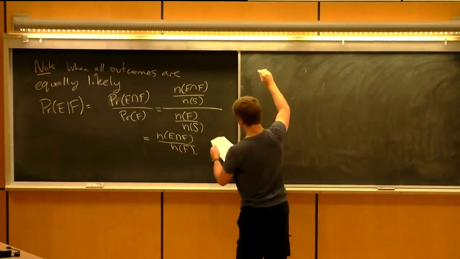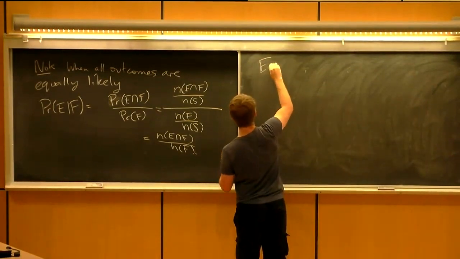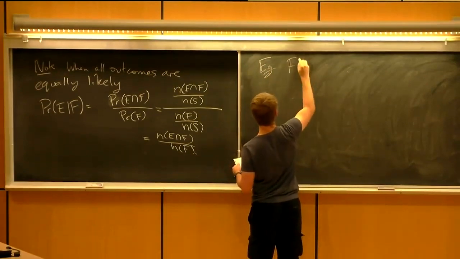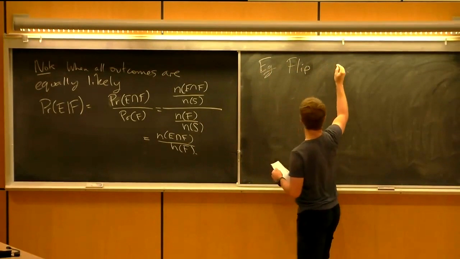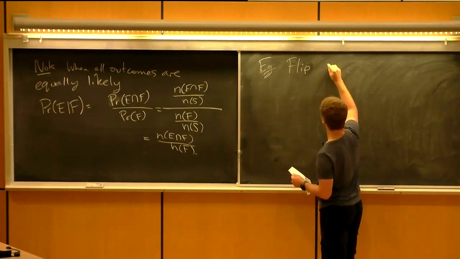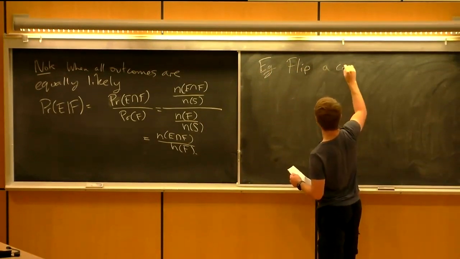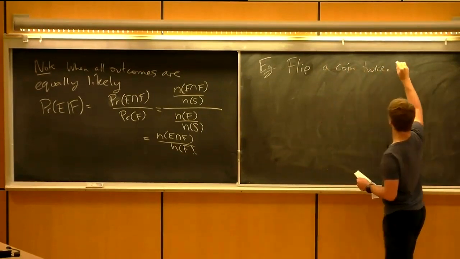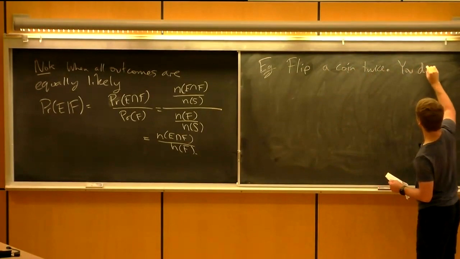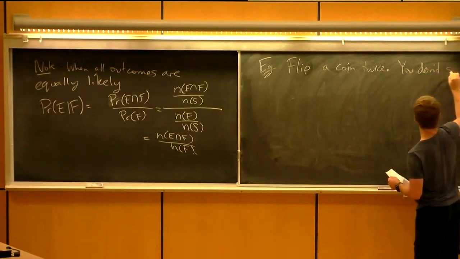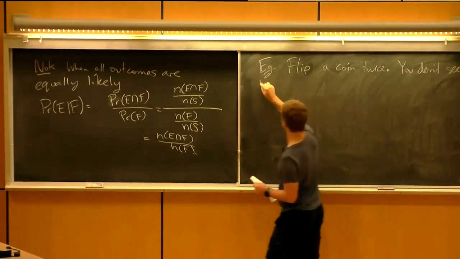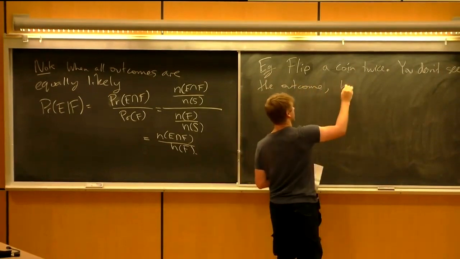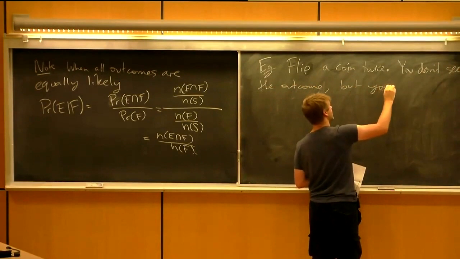Maybe one quick example. I think this is also counterintuitive. Flip a coin twice. You don't get to see the outcome, but your friend does.